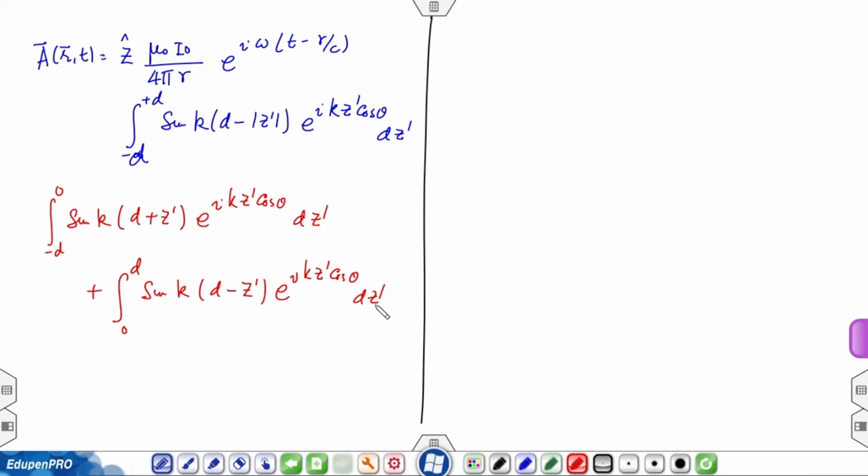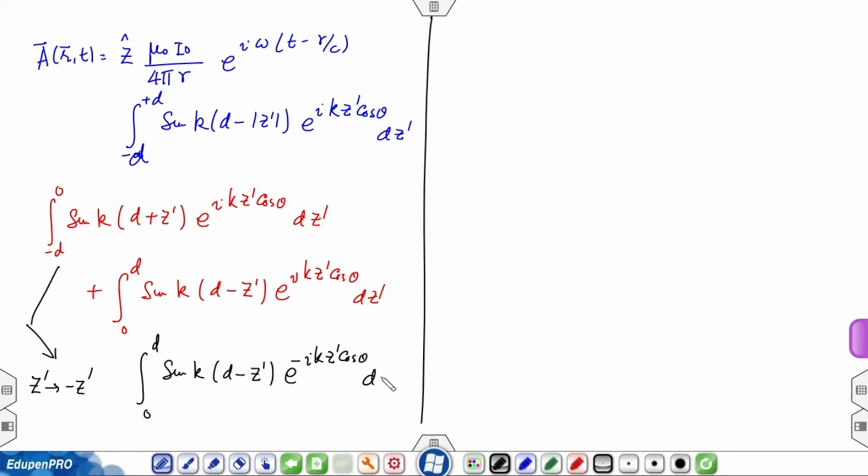I am going to change the upper integral now, this one, by replacing z prime by minus z prime. I can always do that, and then this integral becomes 0 to d sin k d minus z prime e raised to minus I k z prime cosine theta dz prime.